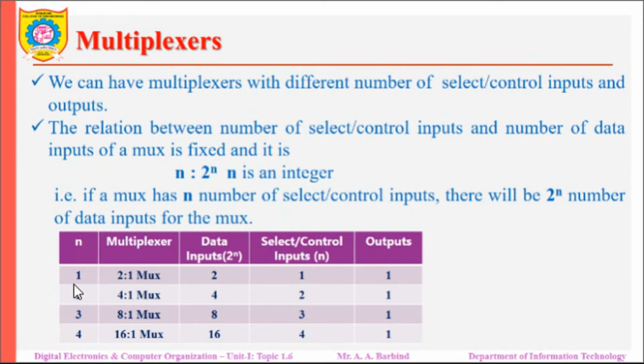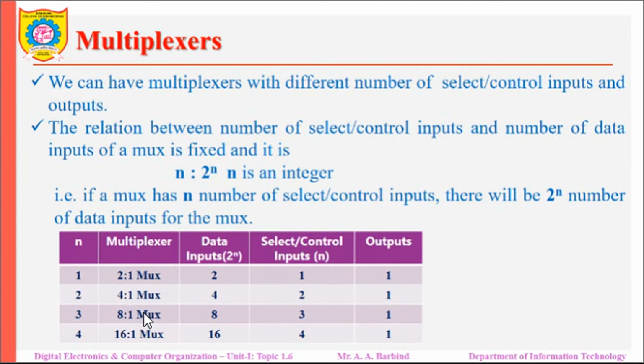So if we take the value of n to be 1, then we can have a 2:1 multiplexer. This multiplexer will have two inputs and only one control line, and there will be one output, whereas the 4:1 multiplexer will have four data inputs. There will be two select lines, and there will always be one output for the multiplexer.